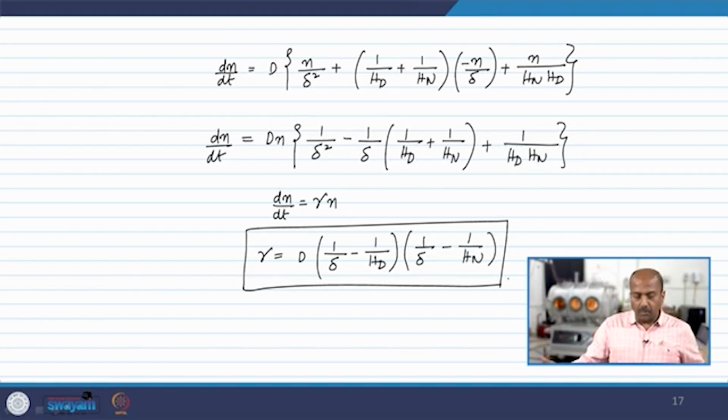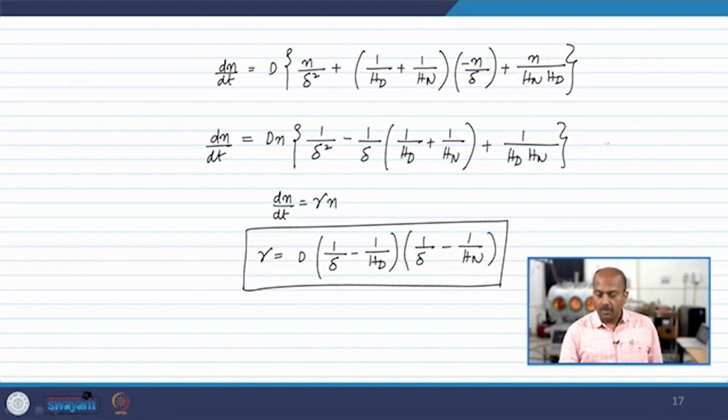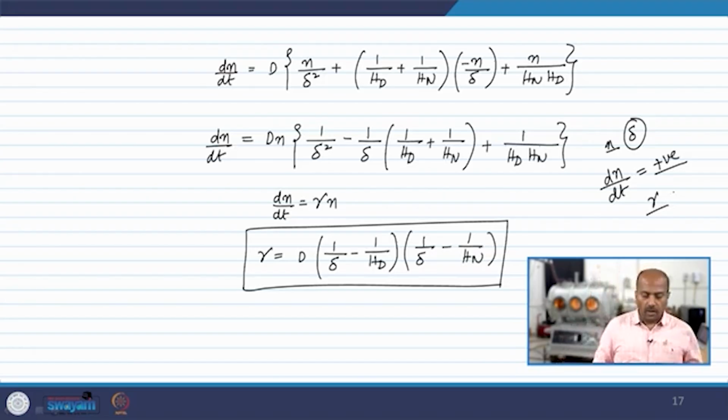So, as long as the minor species concentration changes with respect to height following a distribution with scale height δ, its concentration increases at a rate gamma with respect to time. This is the conclusion. As long as n is changing with scale height δ, dn/dt will stay positive, at a rate gamma. Now, this is the conclusion of this discussion.